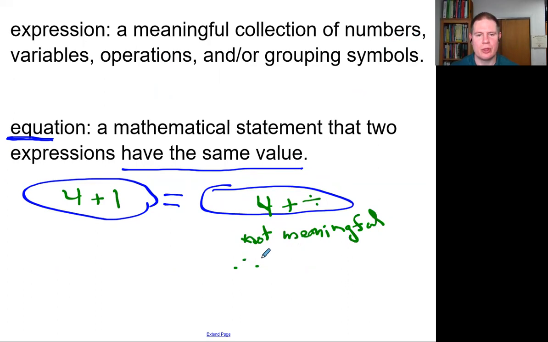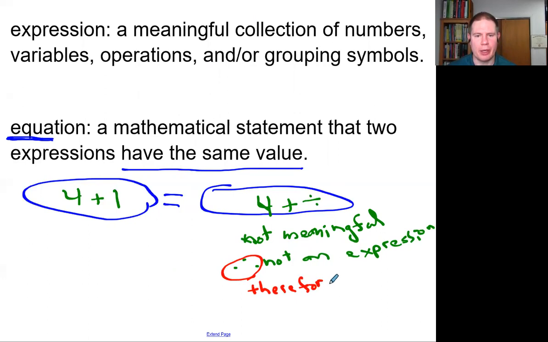So it is therefore not an expression. That's not really a definition, but I'm going to give that to you for free. These 3 dots in a triangle is shorthand for therefore. I use that a lot in mathematics to say, based on what we already know, therefore we can make this next statement. Okay.